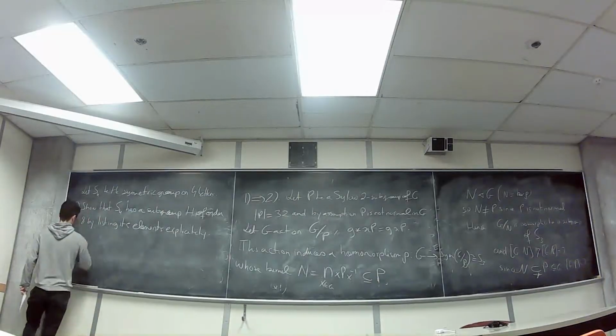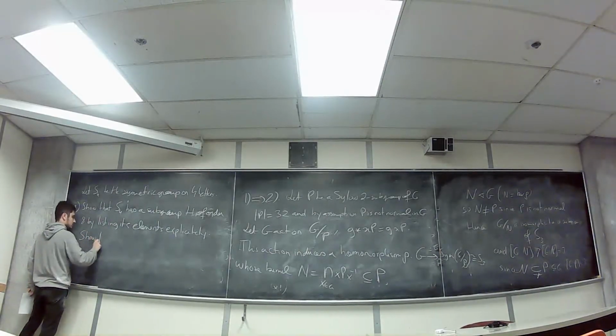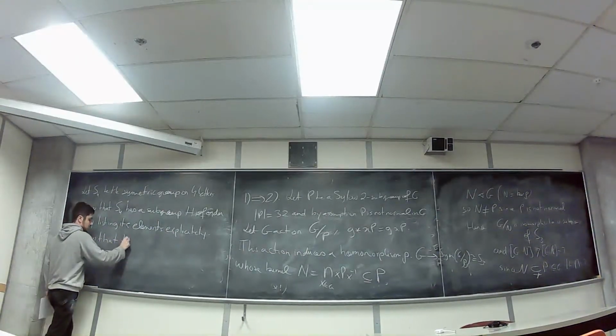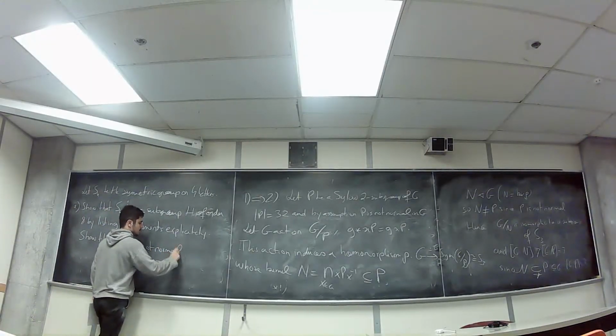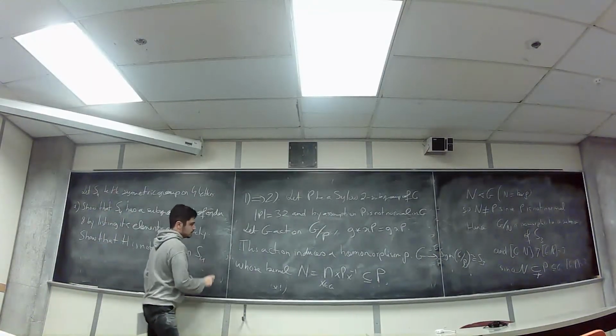And I say show that H is not normal, right? Or is H normal? I don't know. Show that H is not normal. It's 4.